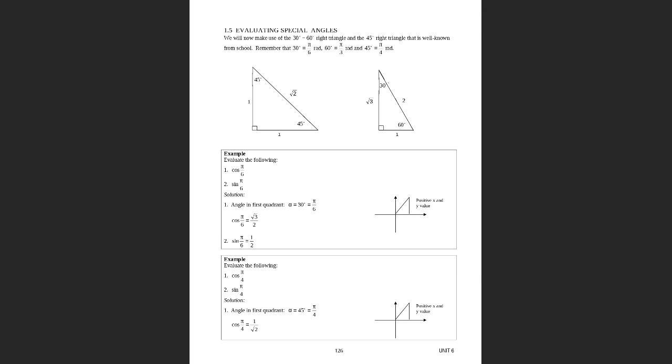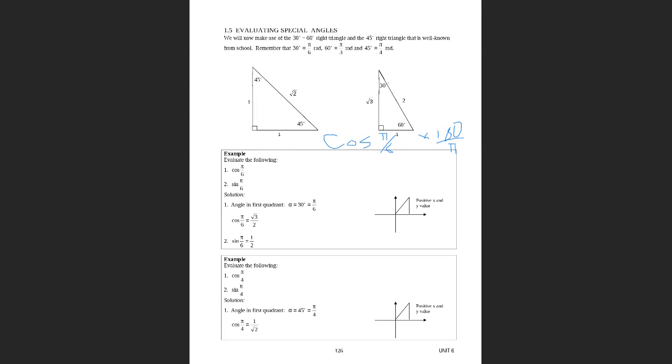Cos pi over 6 is already a special angle. When you convert to degrees, you multiply by 180 over pi, so pi over 6 is the same as 30 degrees.